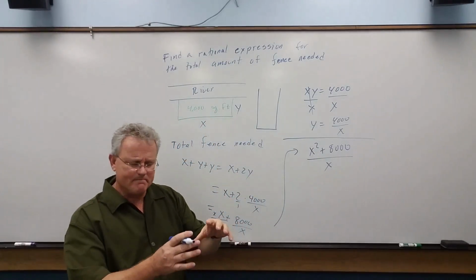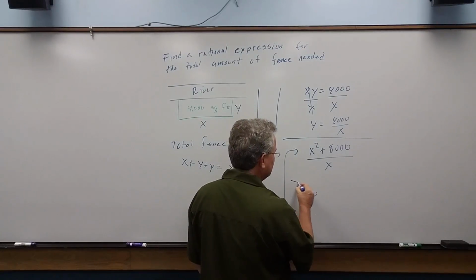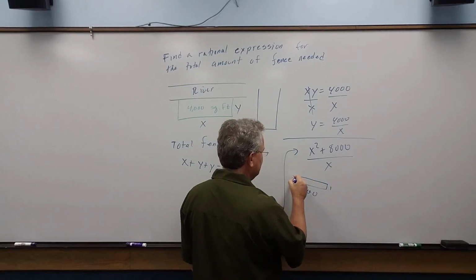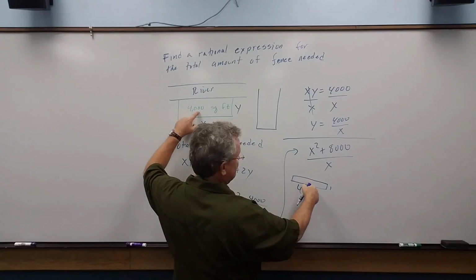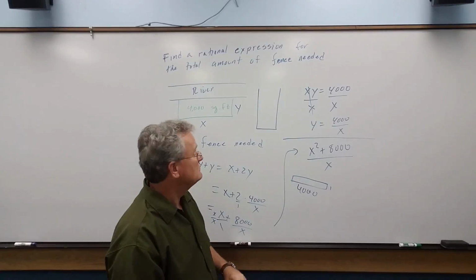And just to show that, as we do 4,000 by 1 foot, that's an area of 4,000, but the total fence is 8,002.